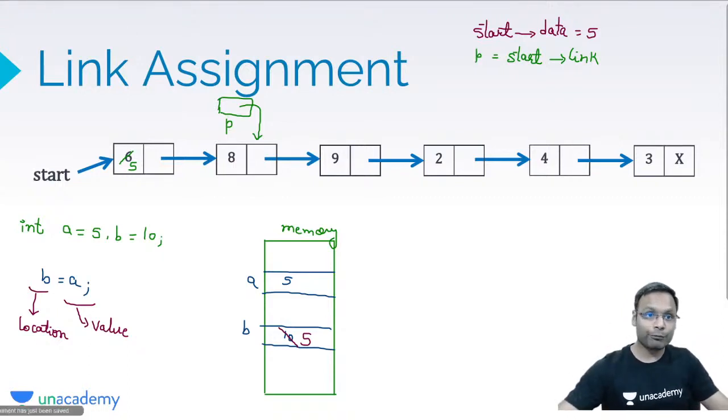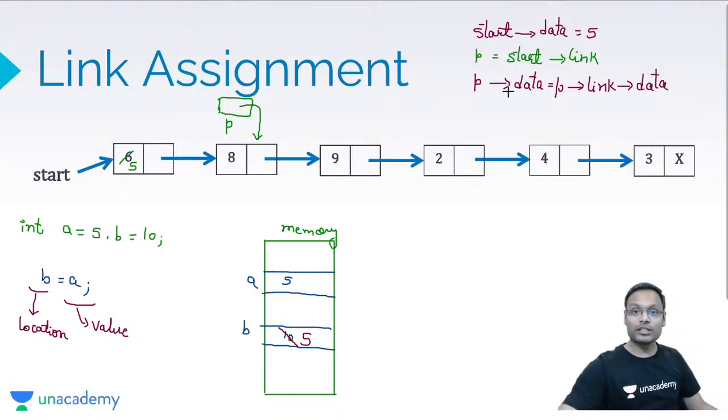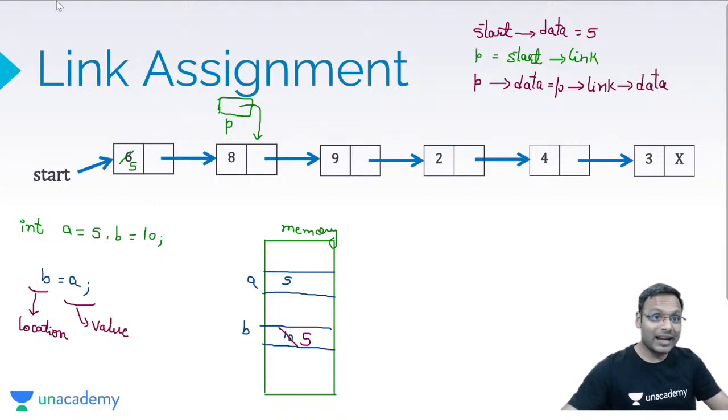Now, if I want to write like this, what does it mean? From the right side, you take the value. What value? P link or data.